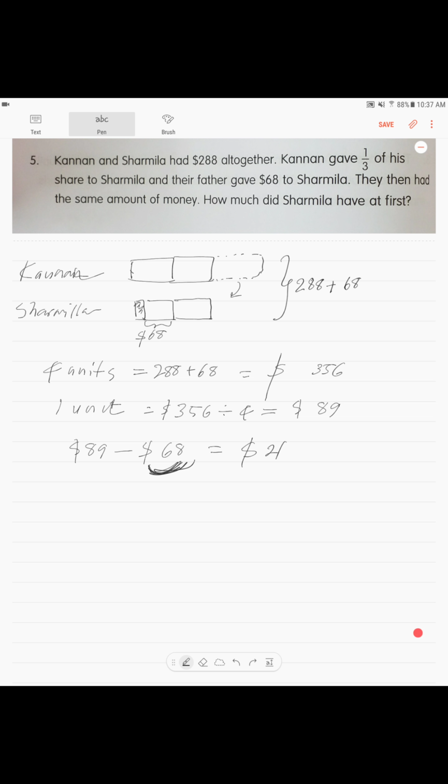It's made from this small piece that she had and father's money. So this is father's money and this is the small piece that she had, right? This is your answer. Sharmila had $21 at first.